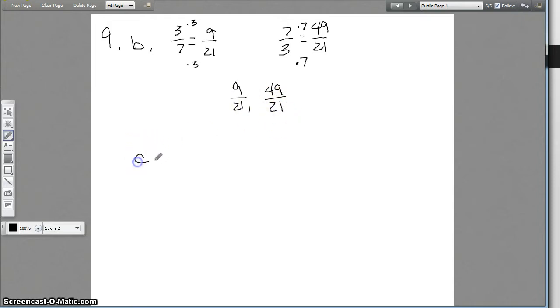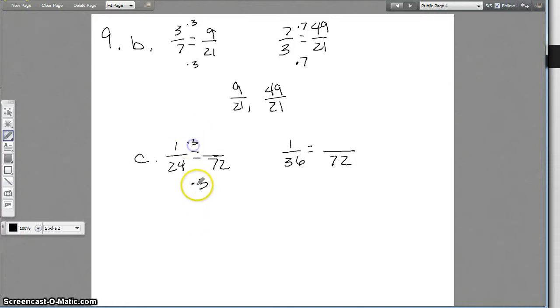Okay, part C. I have 1/24 and I have 1/36. Now, I happen to know that 72 is the least common multiple for both of these. But even if I did not know that, I could just multiply 24 times 36 and use that as my common denominator. 24 has to be multiplied by 3 to get 72.